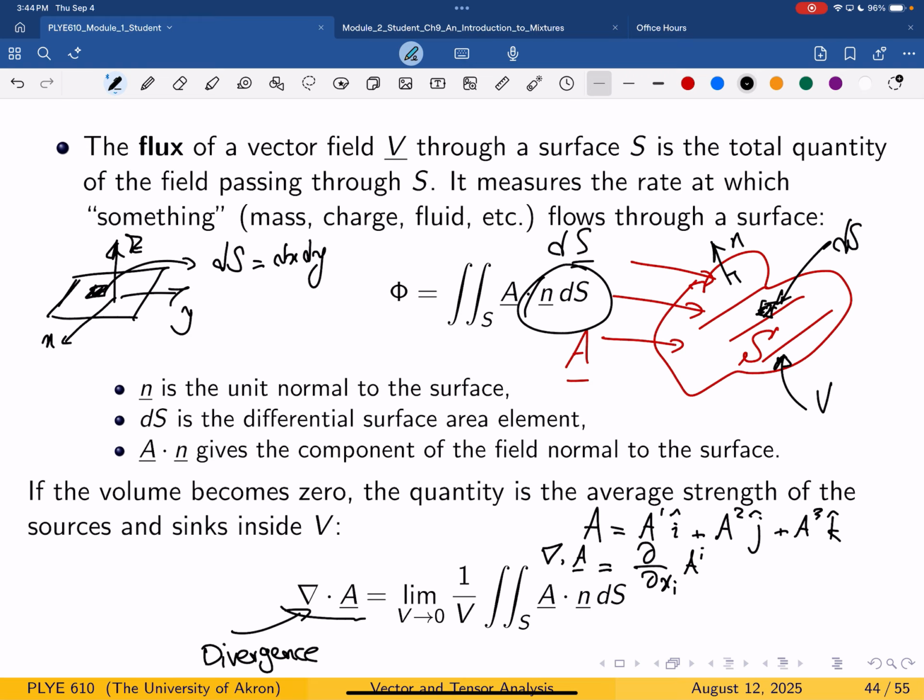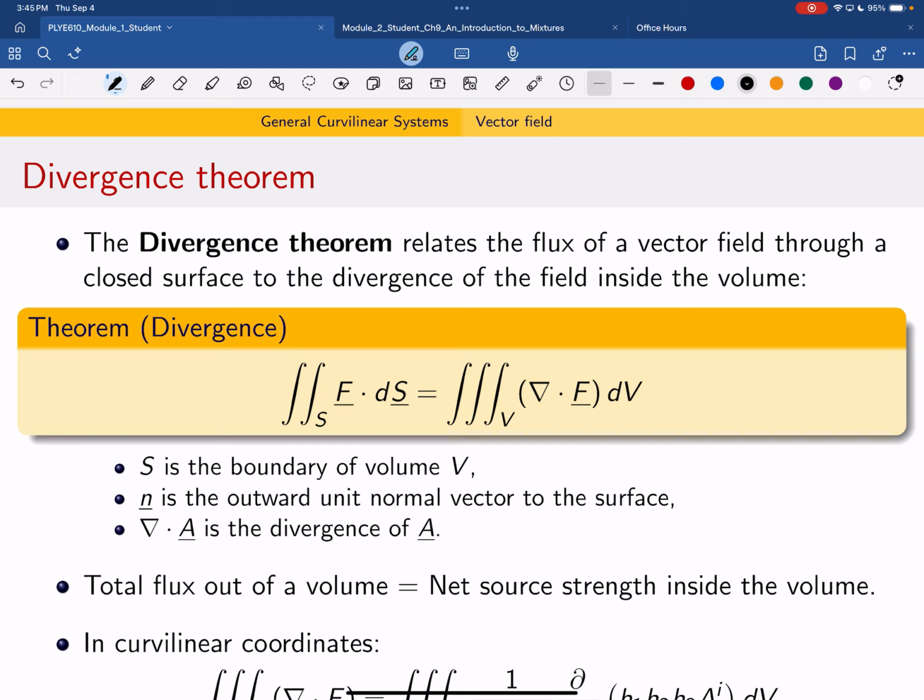If you consider it in an integral form, summed up over the whole volume that you have, it tells you that the flux of a vector field that goes through a closed surface is equal to the divergence of the field inside that volume. Okay, so think about it.